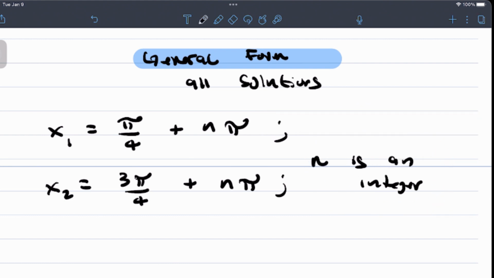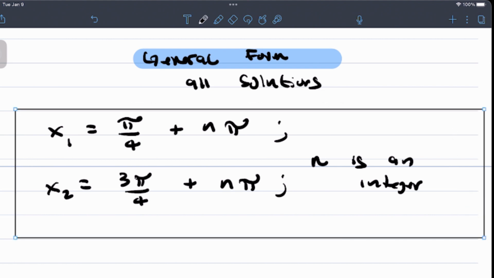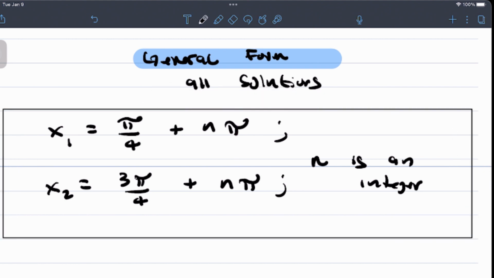And so, ladies and gentlemen, here you go. This is what you'll see in back of the book for what we call the general form, general solutions here. All right, you guys okay with that? These are all multiples of pi over 4. What do you guys think?